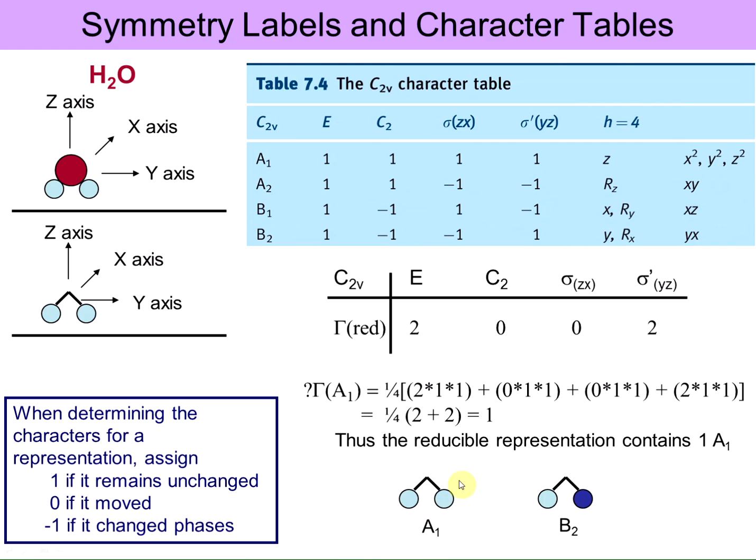So if I do a C2, both of those stay the same phase, so it has an A. And then if I do a mirror plane, it's symmetric with respect to the mirror plane, so it gets a subscript 1. But the B, if I do a rotation, it changes phases. And if I do a mirror plane, they also change phases, so it's a B2. But the tables in the back of the book have pictures of what these look like to help you make the assignments of the symmetry labels and what the orbitals look like.